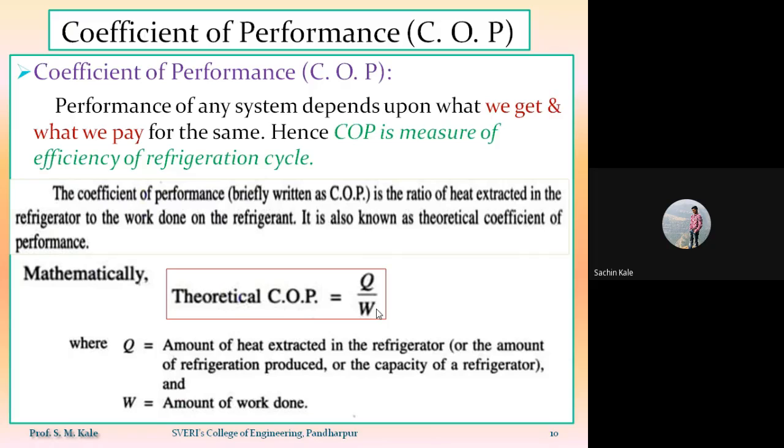I am going to give the dictation related to the main points only. The rest of the part I will provide the PPT as well as notes. Don't worry. But whatever basic points we require while solving the problem as well as while deriving the derivation, that you have to write by your own hand. So write down the COP, coefficient of performance.